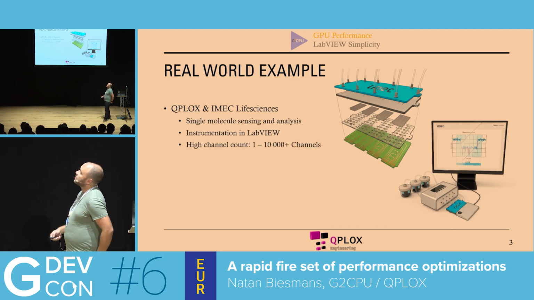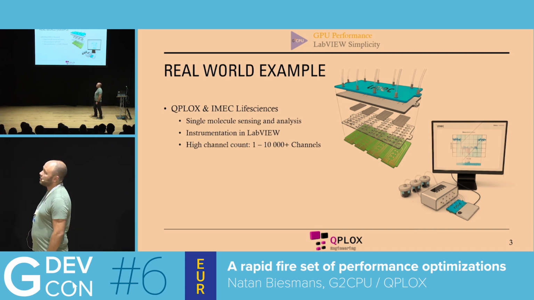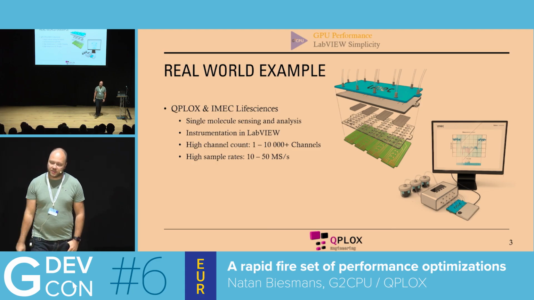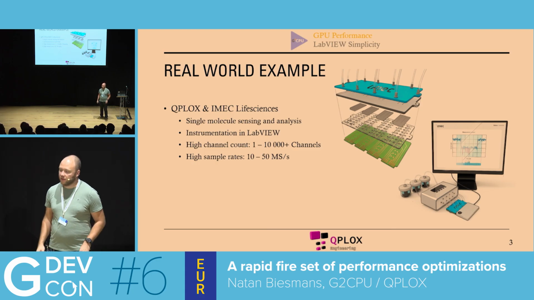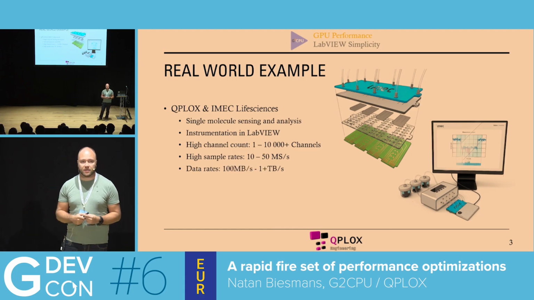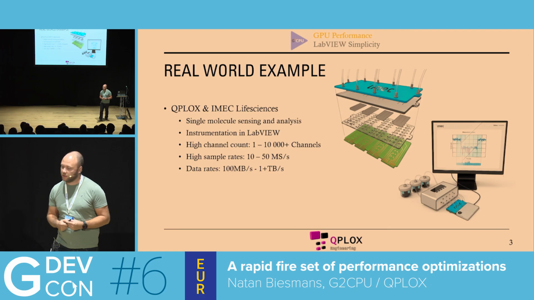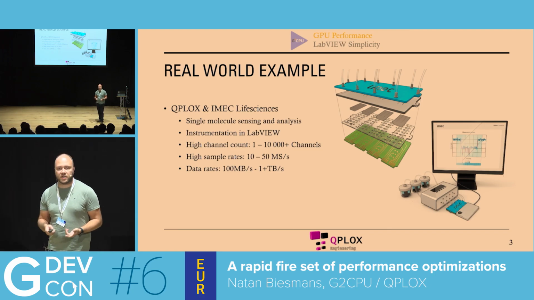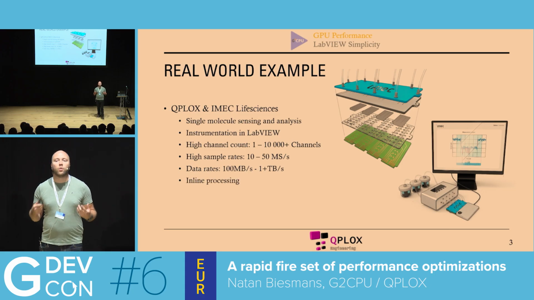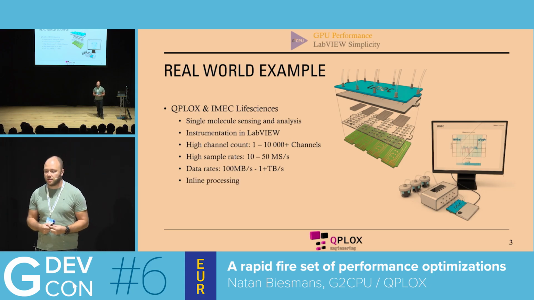The instrumentation is done in LabVIEW, and it has a somewhat high channel count, between 1 and 10,000 channels. But the catch is, it's also a high sample rate, between 10 and 50 megasamples per second. That's quite challenging, right? We're talking data rates between several hundred megabytes per second to even terabytes per second, which need to be analyzed.